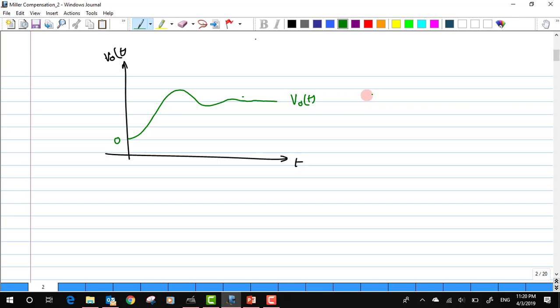Now I just want to plot the function which is nothing but the derivative of my V naught of t, which is reflected from our previous expression. Due to the S term, we are performing a derivative on the V naught of t term. So let me use this color to represent Vd of t.